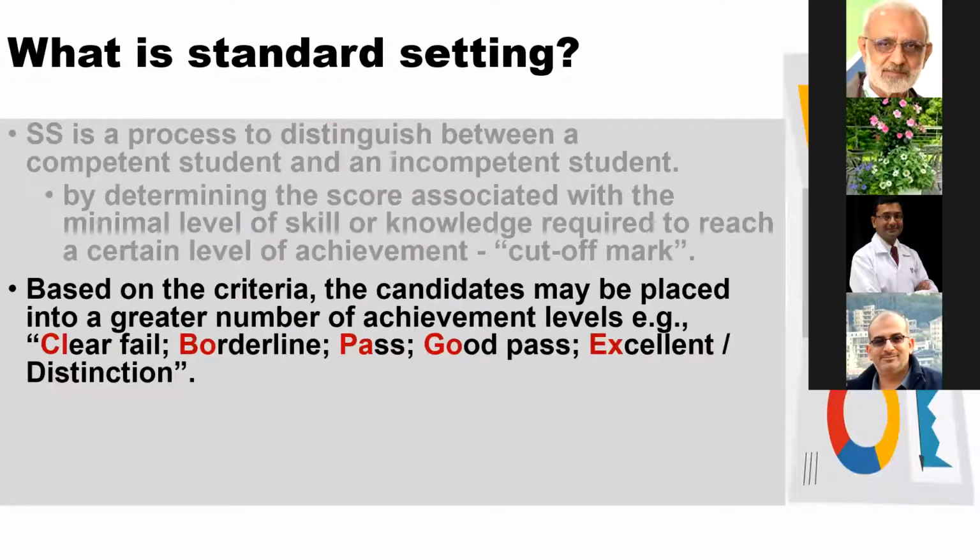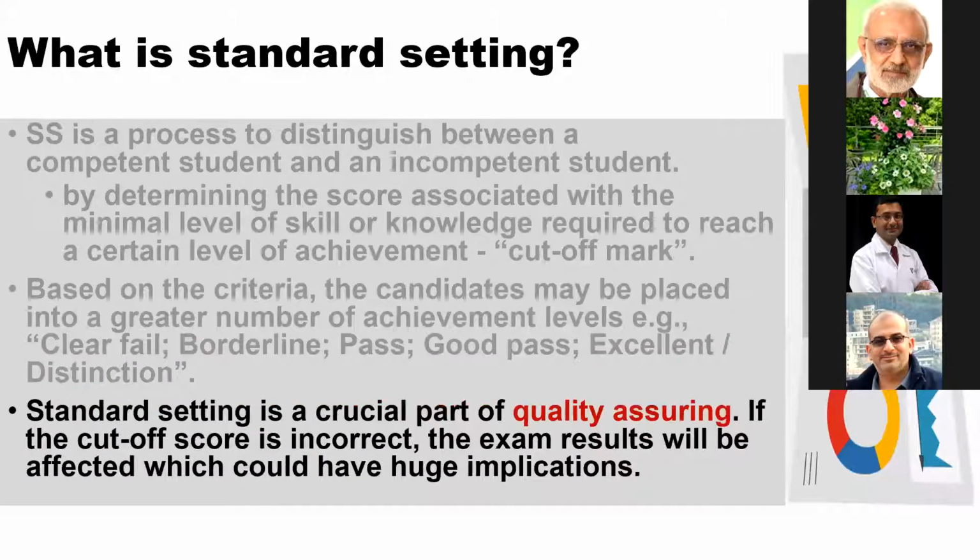Based on the criteria, the candidates may be placed into a greater number of achievement levels, for example, clear fail, borderline, pass, good pass, excellent, or distinction. Therefore, standard setting is a crucial part of quality assurance.